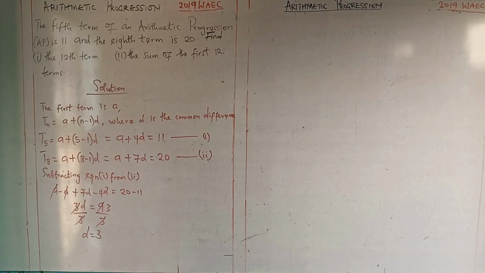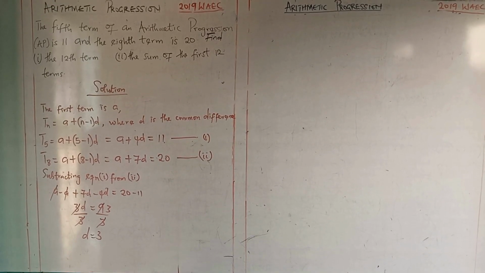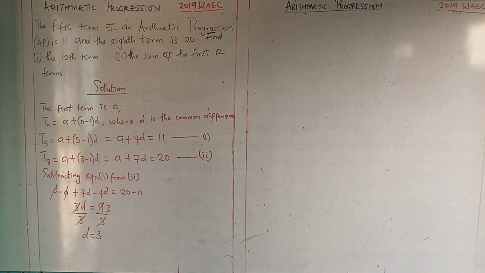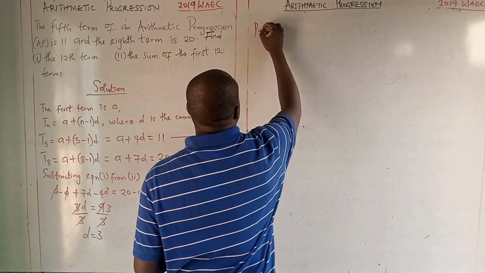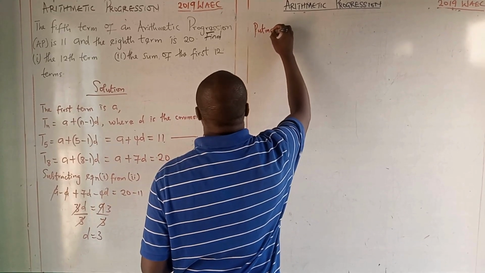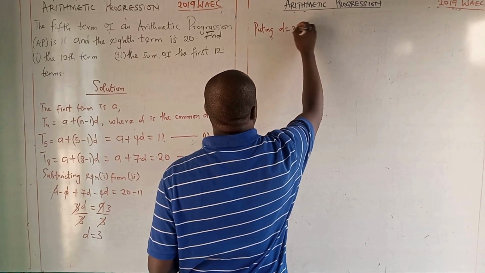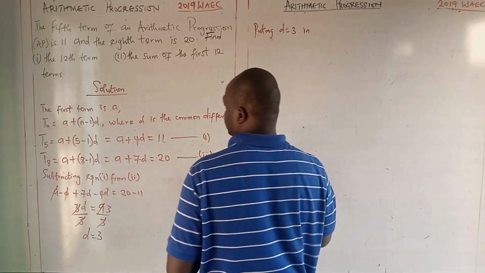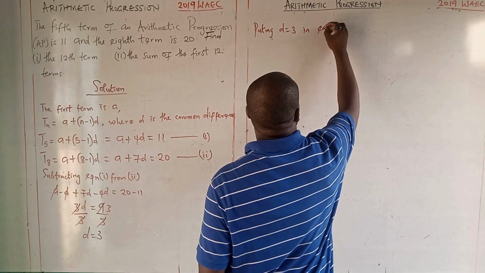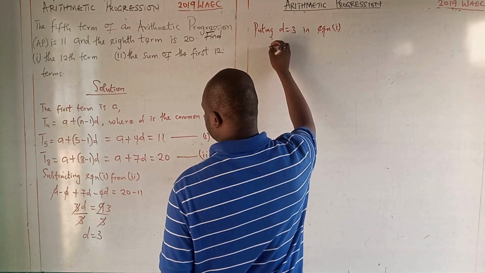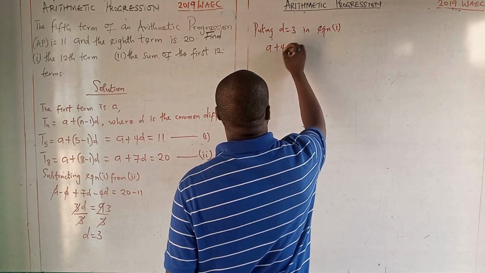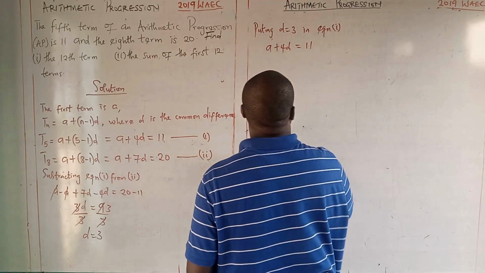Now, this is d, but that's not all we need. We still need to find our A, which is the first term. So we put in d equals 3 in equation 1. In equation 1 we have what? A plus 4d equals 11.